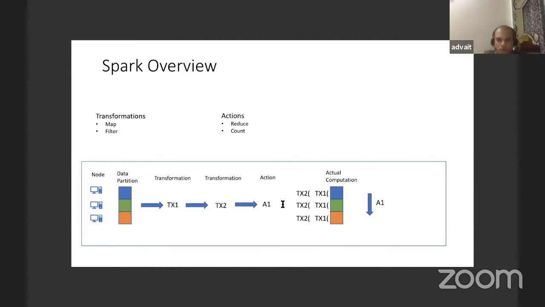So what it does is it maintains tx1, tx2, and a1, and whenever the computation is required, it combines them together and forms a much more optimized computation task.